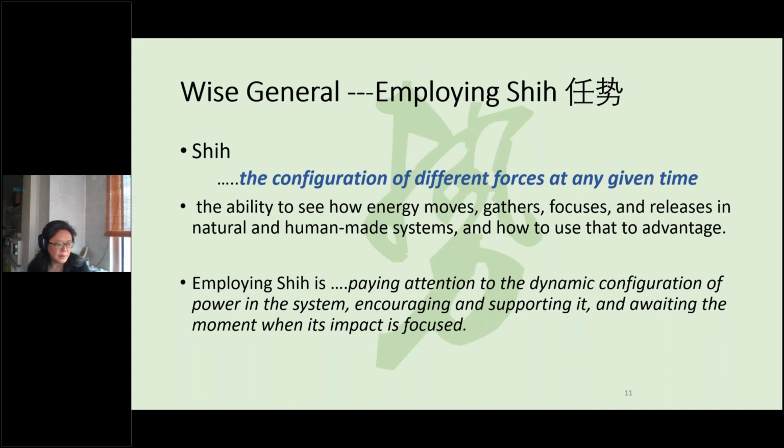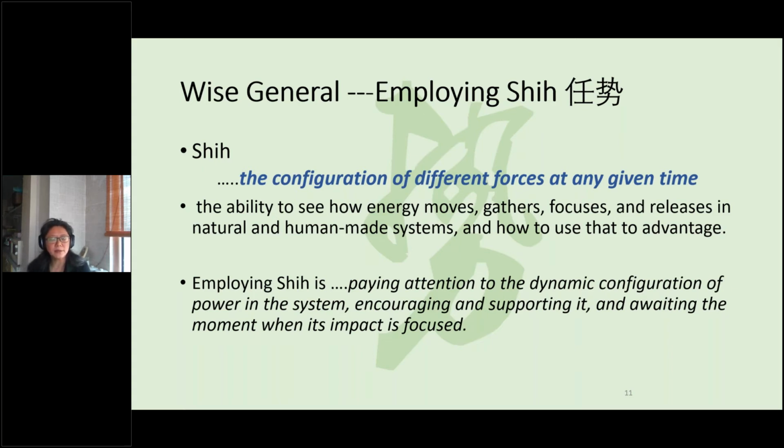As a one-character word, it can mean force, energy, momentum, potential, dispositions, influence, authority. And sometimes we use a very short phrase to describe what 是 means, and that would be a strategic configuration, strategic advantages, and also the potential energy.